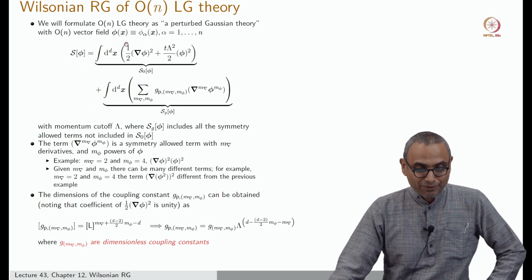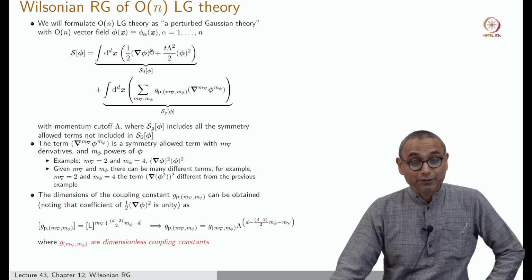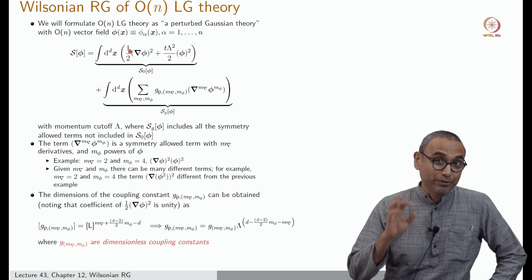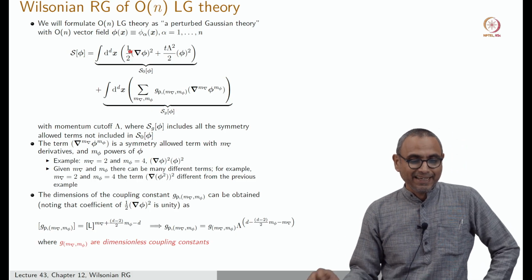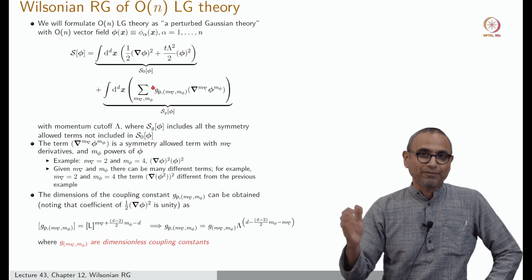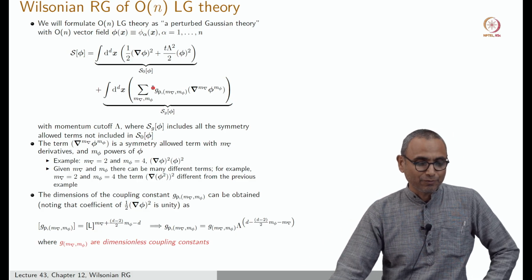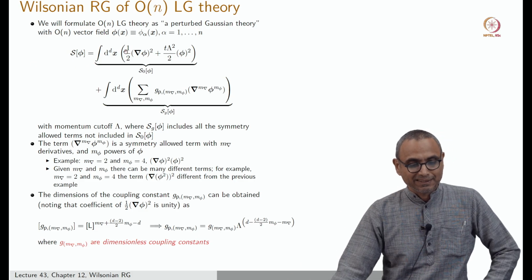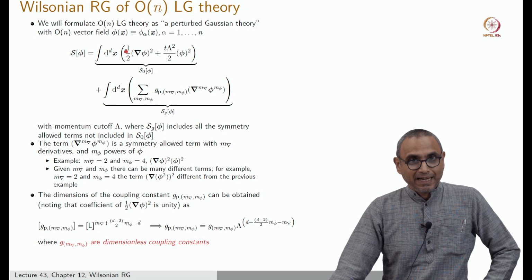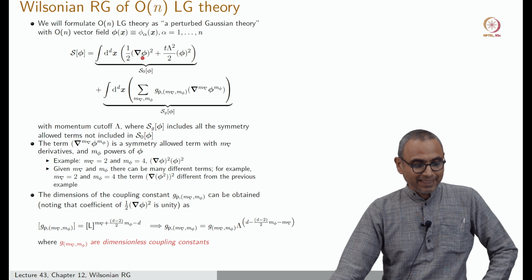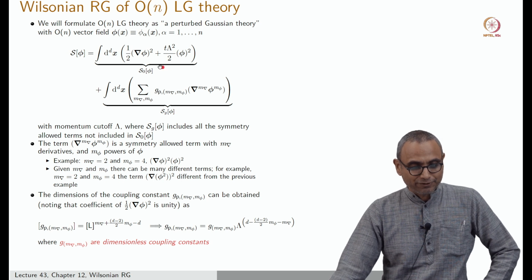Now in S0, we have chosen the coefficient of gradient phi squared to be 1 because we are hanging around near the Gaussian fixed point. And at the Gaussian fixed point, if all the terms t and G_P are 0, then that's the fixed point. And under RG, we want this to come back to itself. So we have chosen this to be dimensionless and unity.